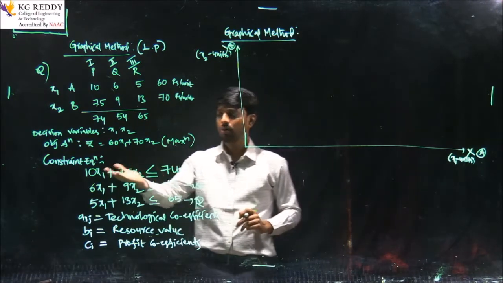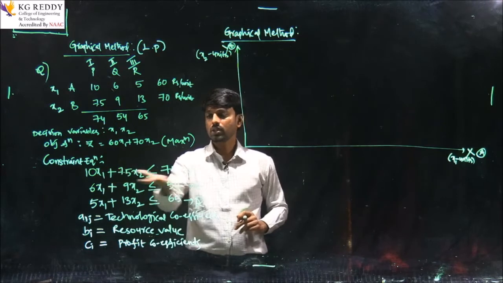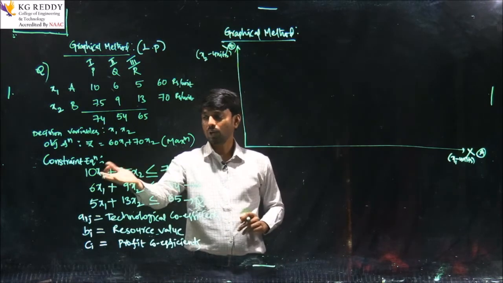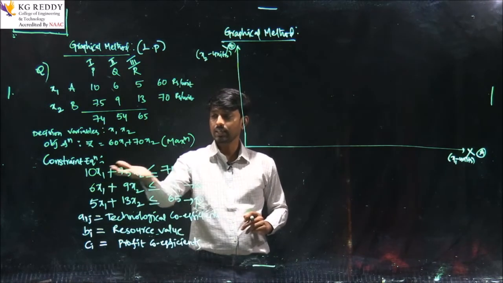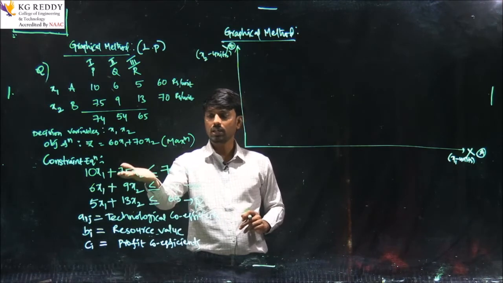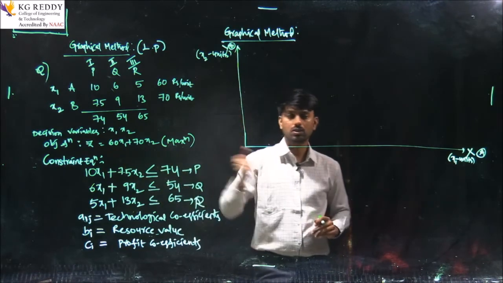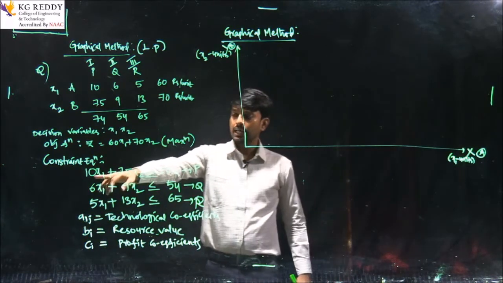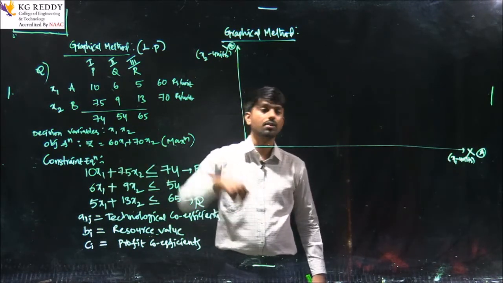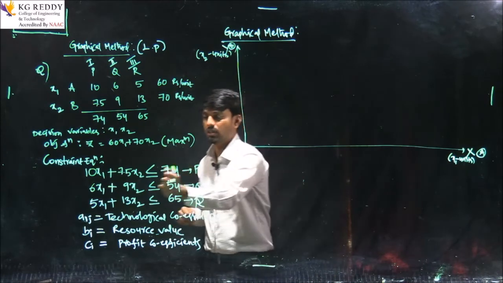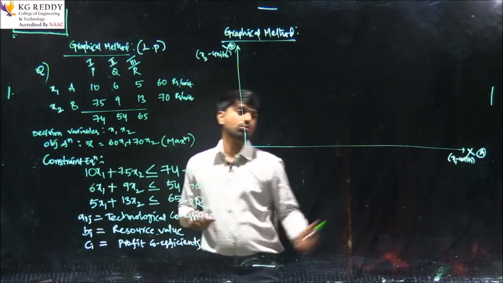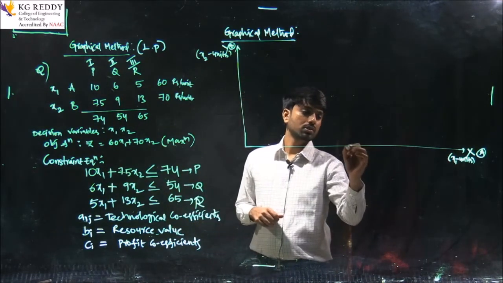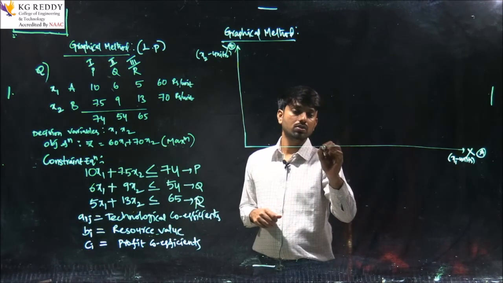Now we will draw these straight lines. First, the straight line for machine P. What is the x-intercept of this straight line? I am asking you a simple question. If you bring down here 7.4, let's assume somewhere here 7.4.